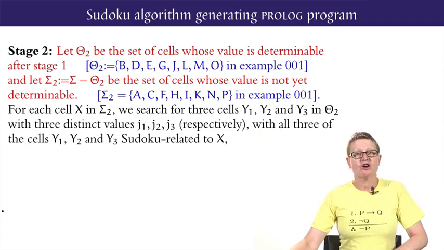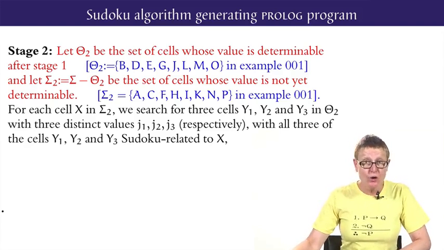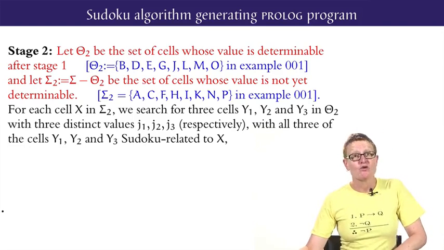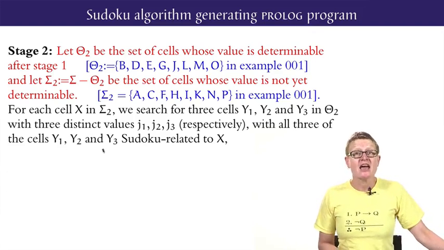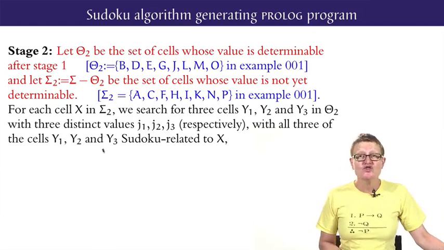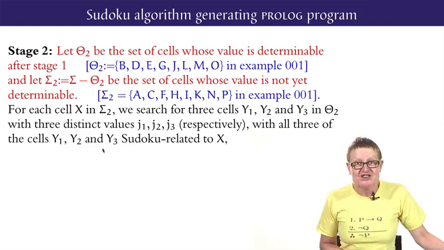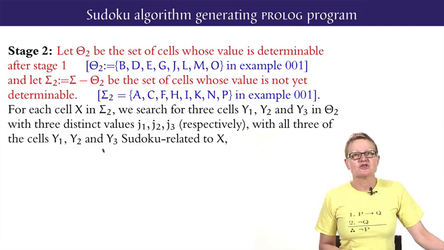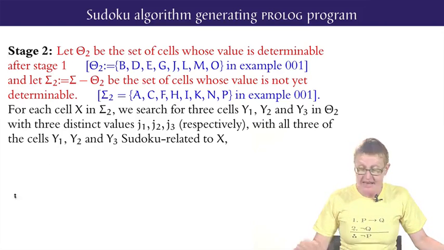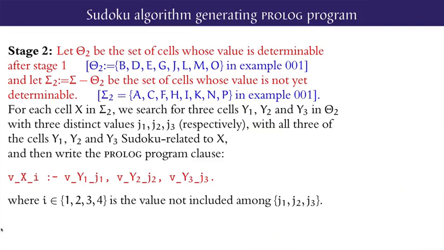Now, for each of the cells X in sigma 2, we will again search for 3 cells, Y1, Y2 and Y3, with 3 distinct values, J1, J2 and J3 respectively, with all 3 of these cells Sudoku related to X. And then write down the corresponding PROLOG clause where I is the value from the set 1, 2, 3, 4 that is different from each of J1, J2 and J3.